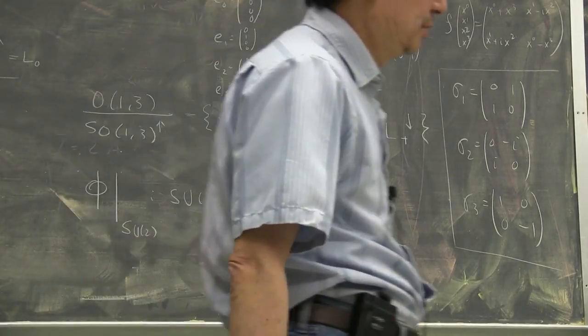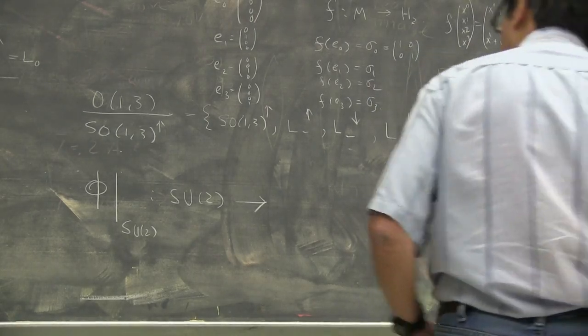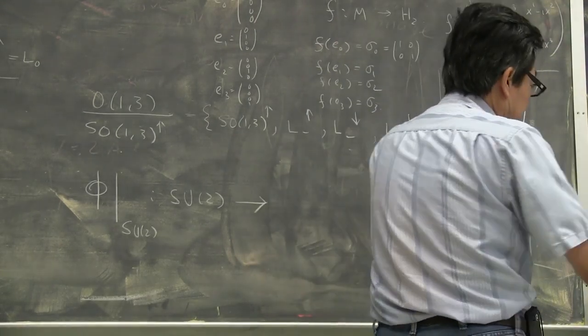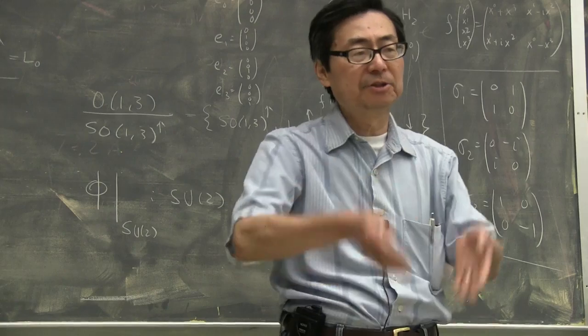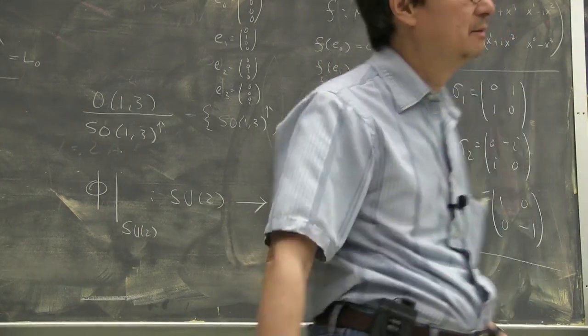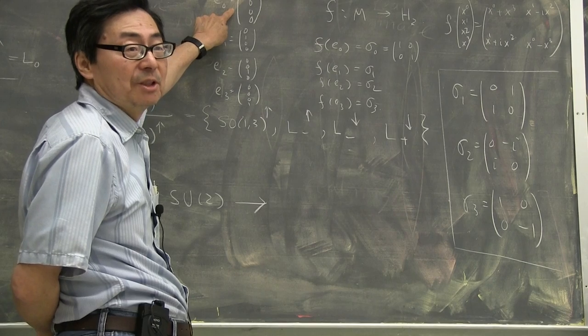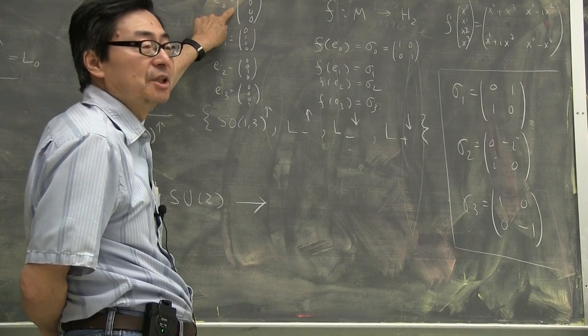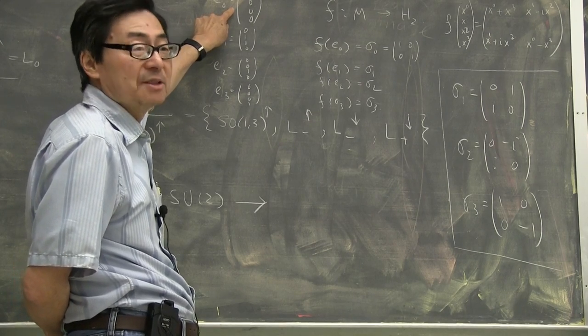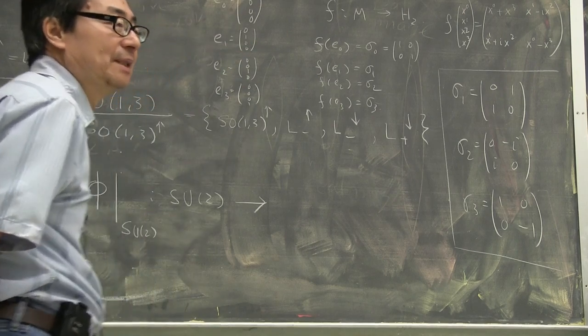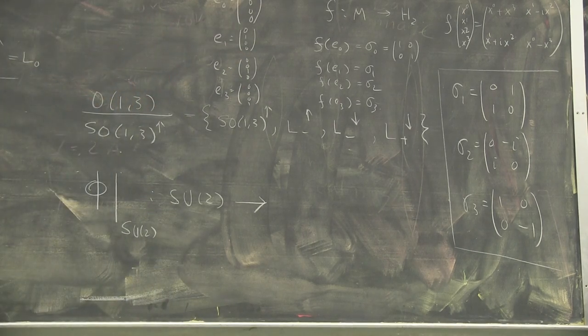What we were able to show was that anything in SU2 under this homomorphism does not change the time unit vector, and therefore does not change anything which points solely along this vector either. So it leaves the time axis alone.